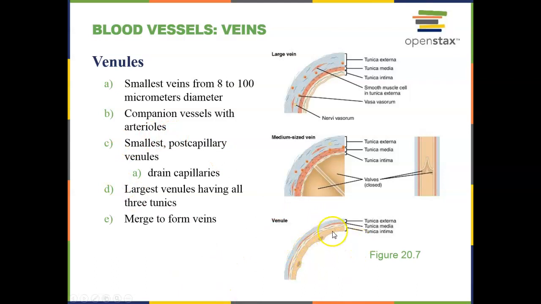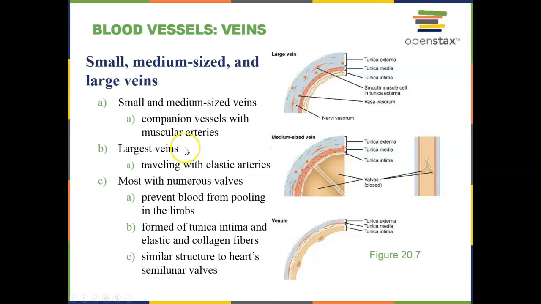So endothelial tissue, smooth muscle, areolar connective tissue with some epithelium attached. And then these venules lead to our small and medium-sized veins. The small and medium-sized veins are the veins that run with our arteries and have similar names. So they're companions to those distributing arteries.